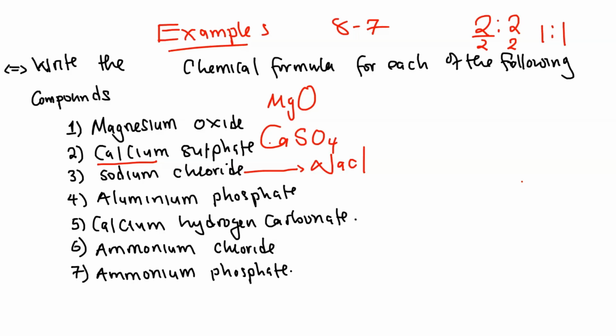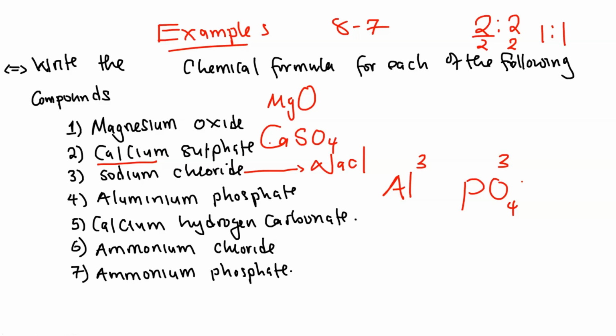Let us look at aluminium phosphate. So aluminium and phosphate. Aluminium is Al, but phosphate is PO4. That is phosphate. Now, if you were to look at aluminium, aluminium is found in group 3. So it has a valence of what? 3. Then phosphate also has a valence of what? 3.